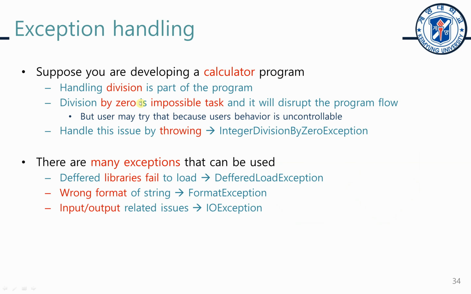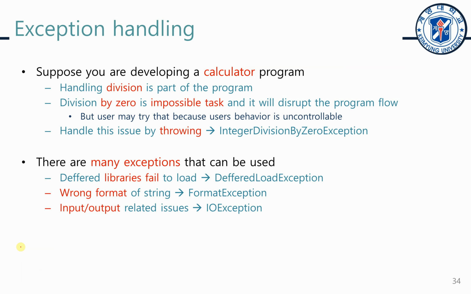As long as the denominator is not 0, the calculator should work. If x is divided by y, as long as y is not 0, the program should work properly. However, when y is 0, the program should halt or should throw an exception.